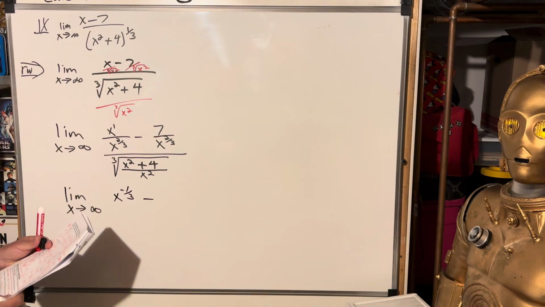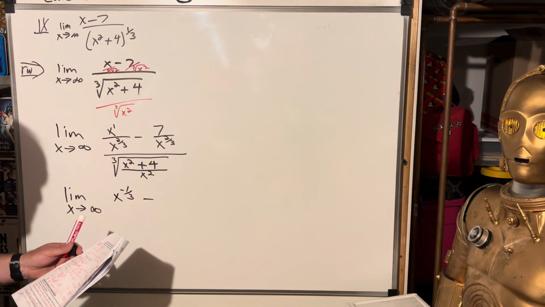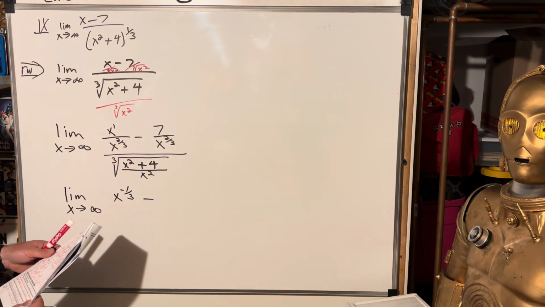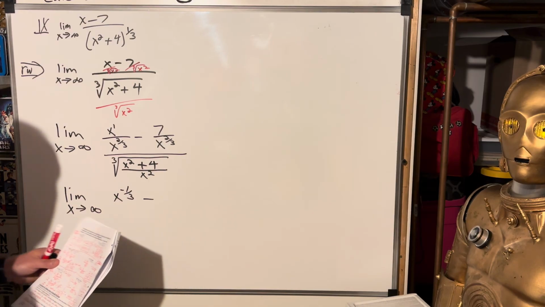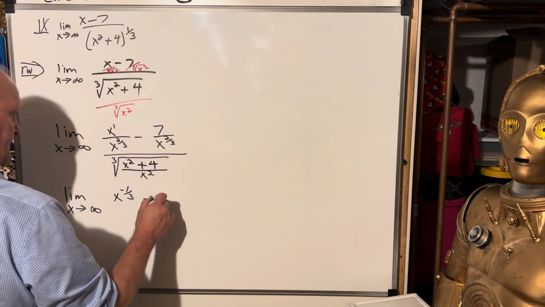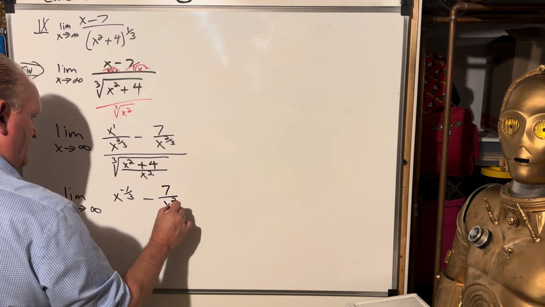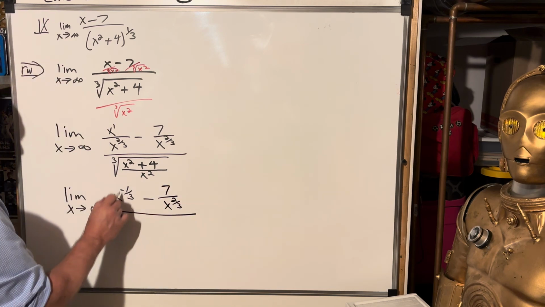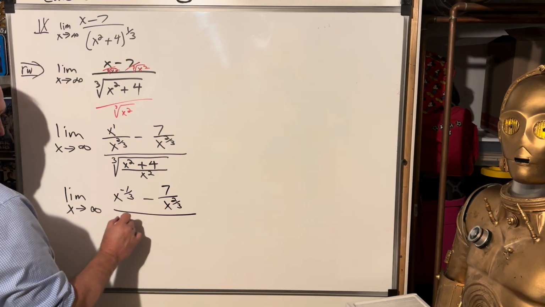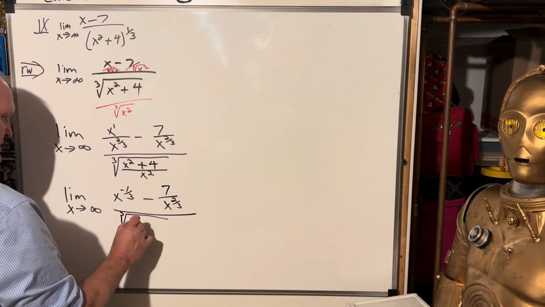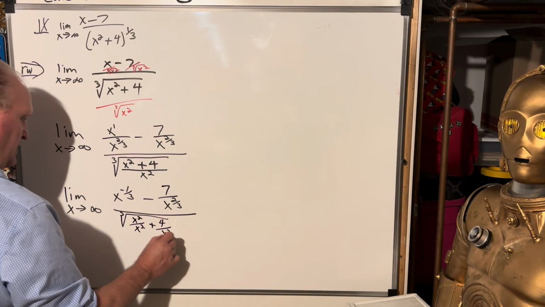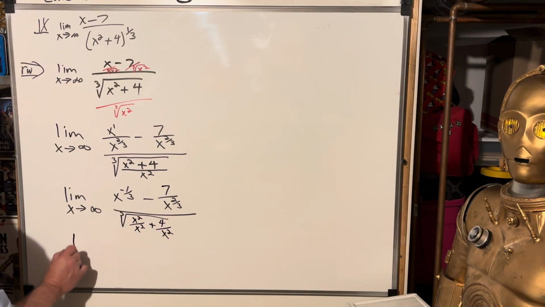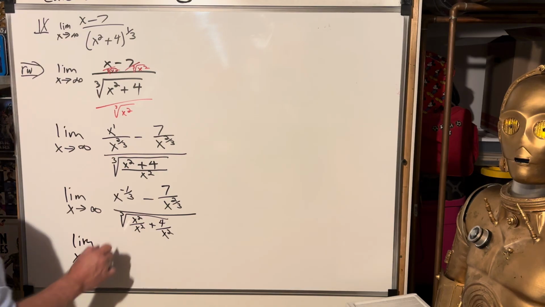I think we're just going to leave the 7 over x to the 2/3. And then this, let's split that up: x squared over x squared plus 4 over x squared. One more limit, and then we should be able to finish.